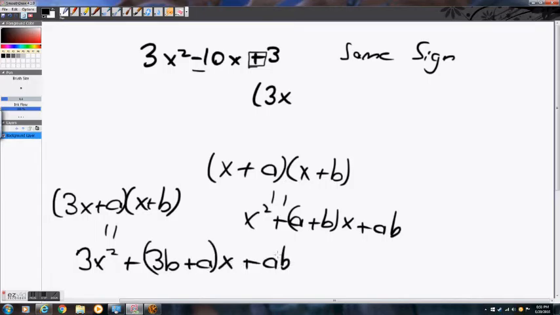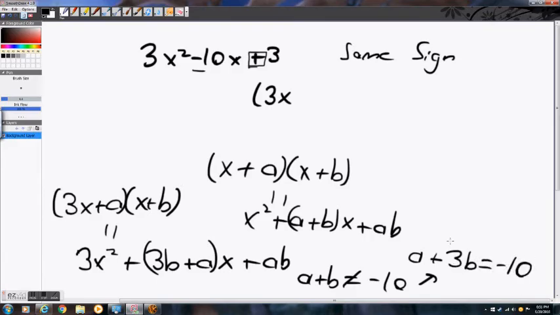So it's no longer simply the sum of a and b. A plus b does not equal negative 10. A plus 3b equals negative 10 now.